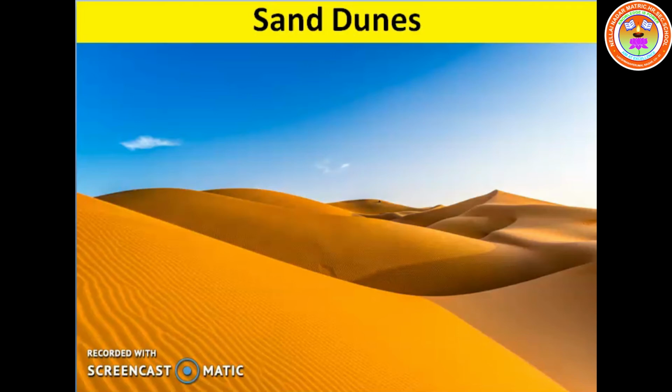When the speed of wind decreases, the huge amount of sand gets deposited. These are hill shaped. These mounds or hills of sand are called sand dunes. There are different types of sand dunes.